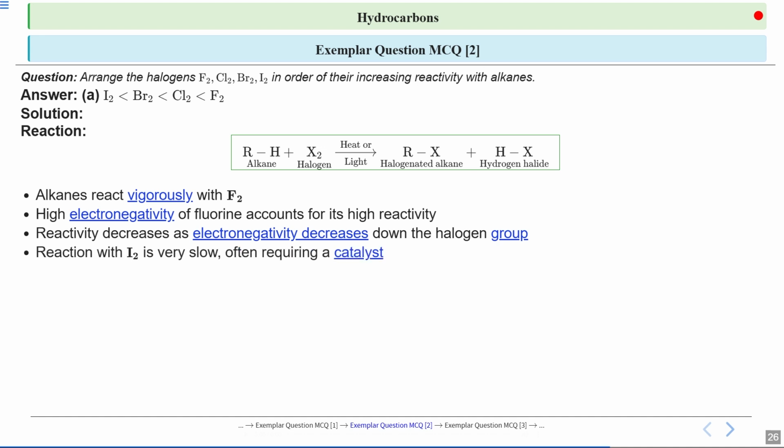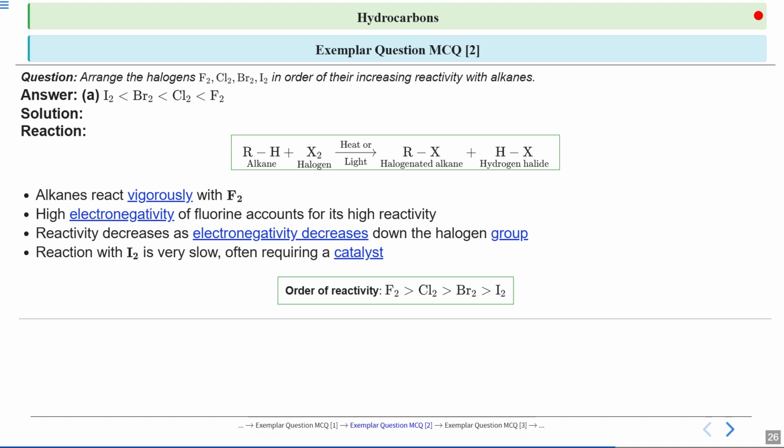So, when it comes to iodine, the reaction with alkanes is very slow and often requires a catalyst to proceed. This is because iodine is the least electronegative of the halogens we are considering, making it least reactive in this context. So this is the order of reactivity, right? Basically, the main reason for this order is the difference in electronegativity, which is decreasing from fluorine to iodine.